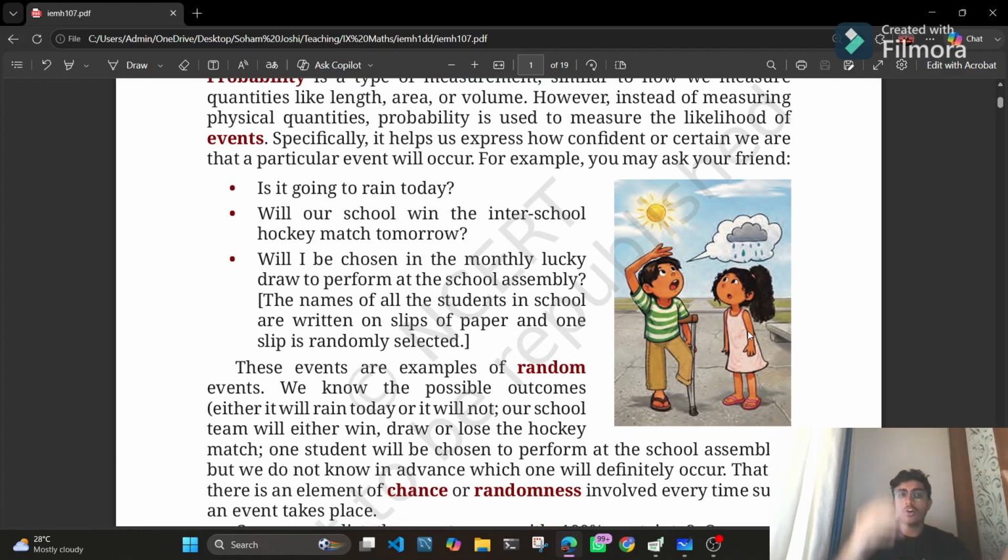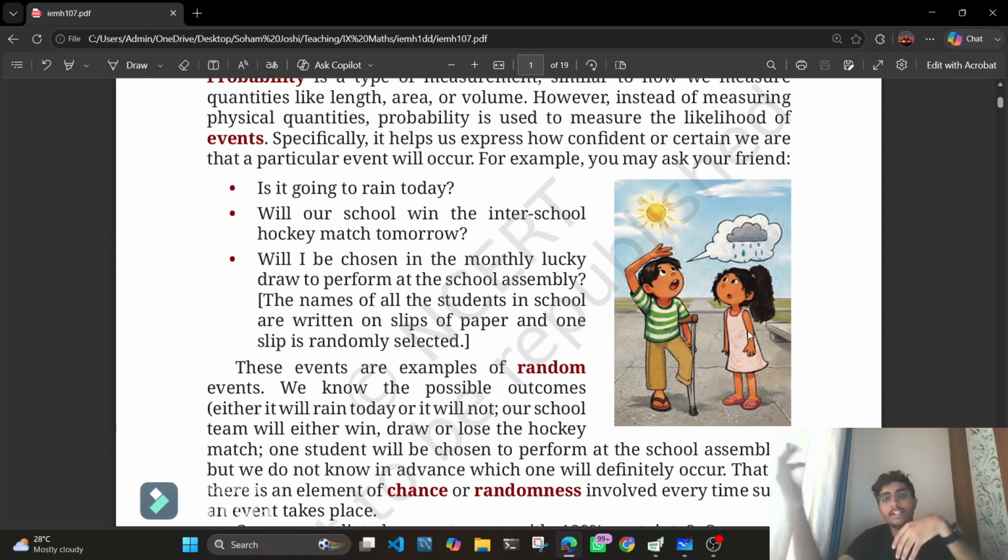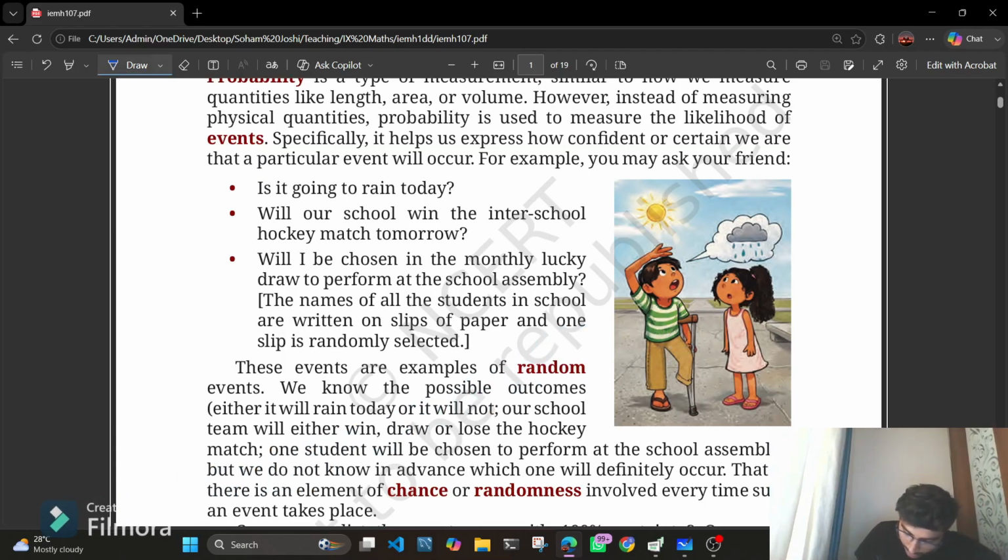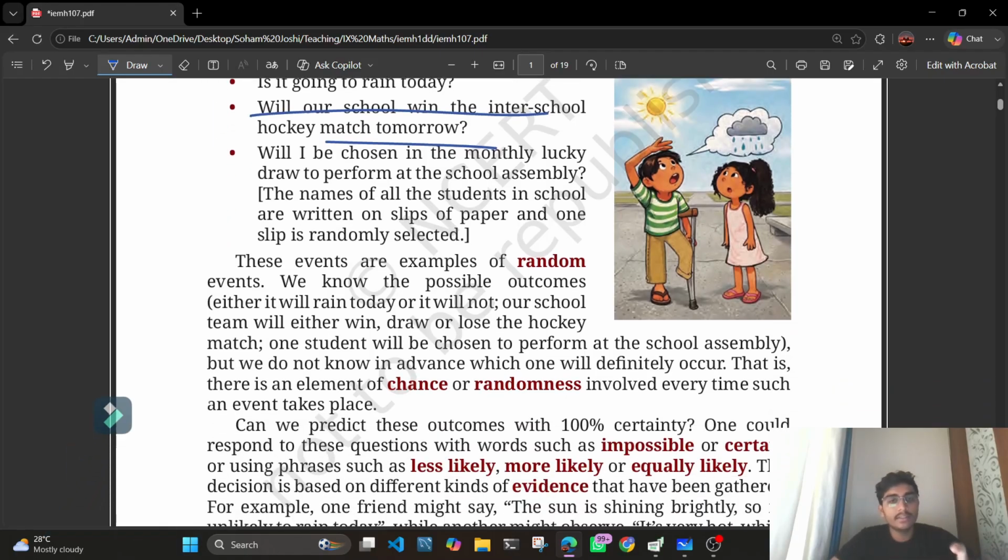Is it going to rain today, or will our school win the inter-school hockey match tomorrow? They are very random events. That is why all these examples are called random events.